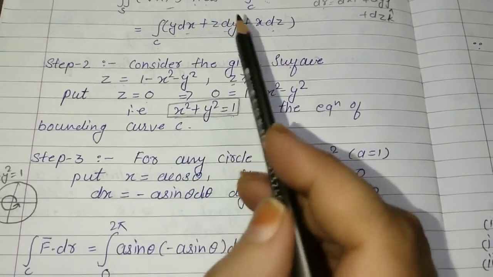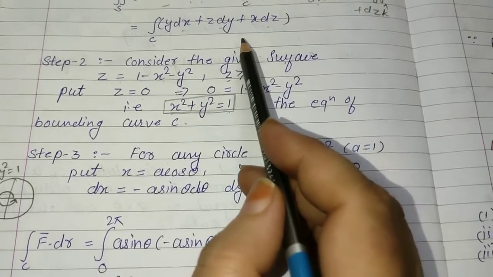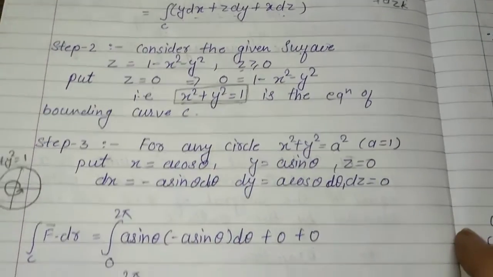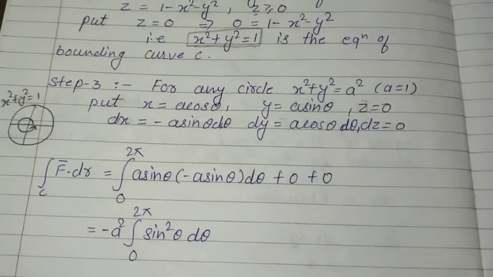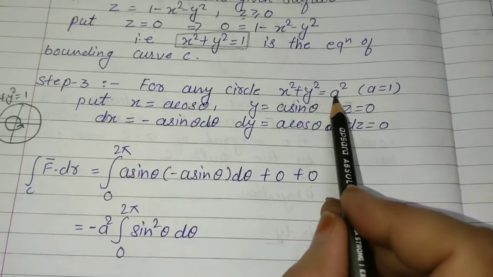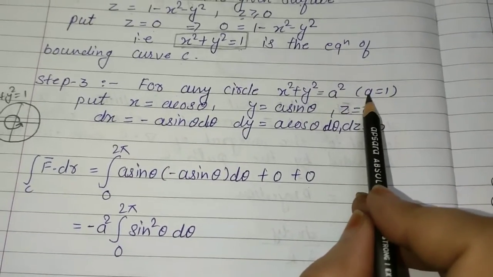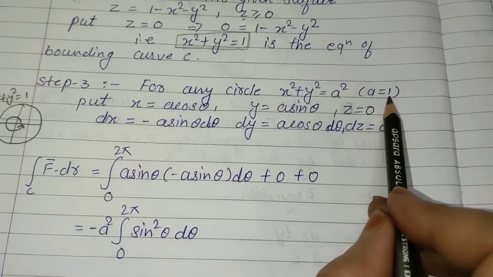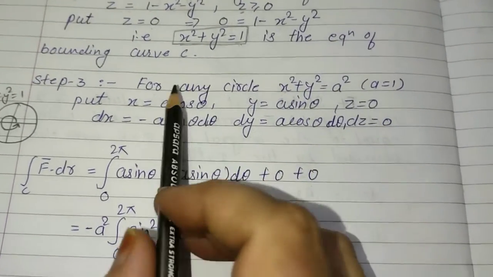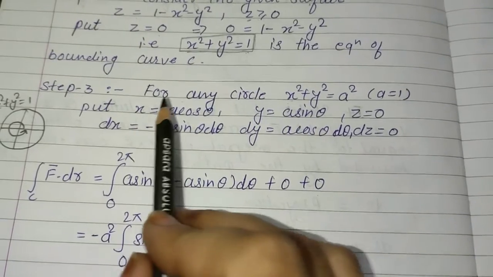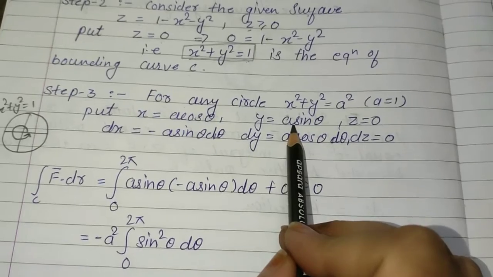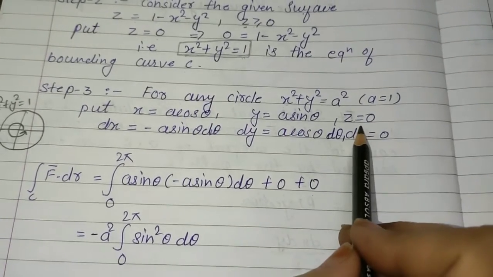We will convert it into polar form, it means r and theta, and put the limit. So for any circle, x² + y² = a². Here a = 1. Always in the circle, we will put x = a cos theta, y = a sin theta, and z = 0.